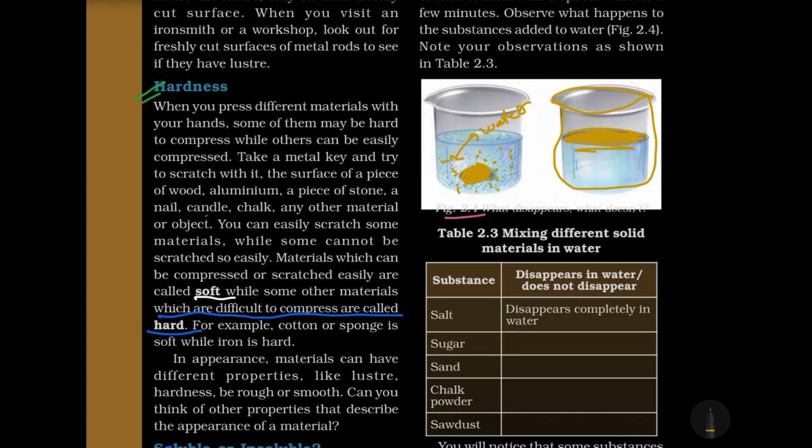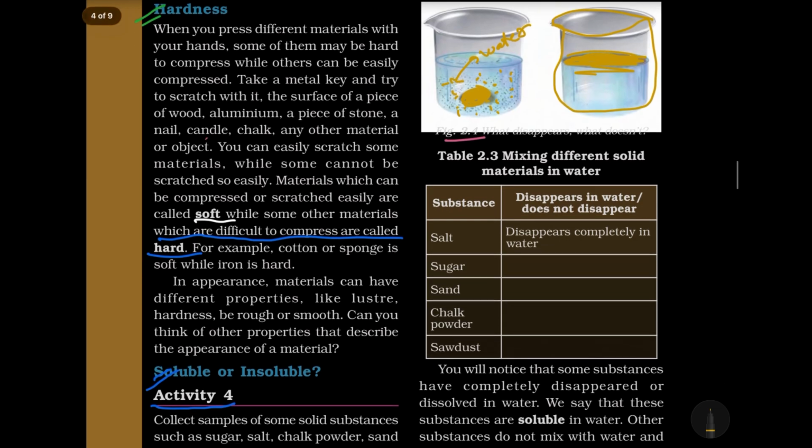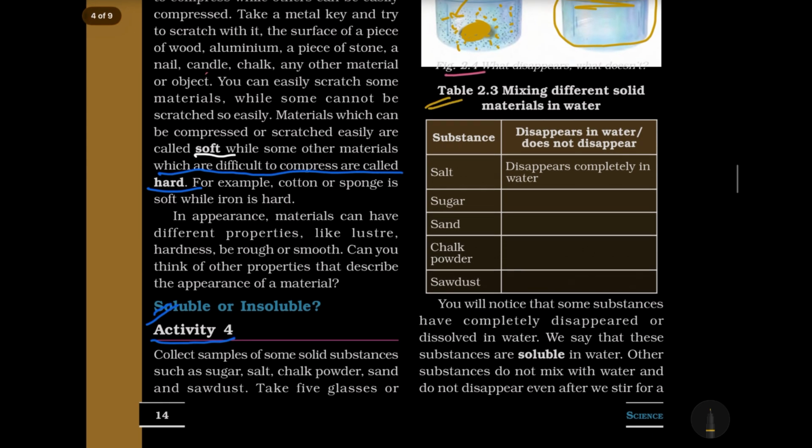For soluble, let us take some salt, mix it with water and stir it well. After stirring, leave it for 5 minutes without moving. What you observe is that the salt has disappeared. It is gone, which means it is soluble in nature. After this, we have table 2.3 that you should do as a practical experiment at your home.